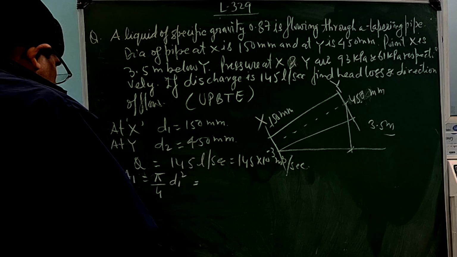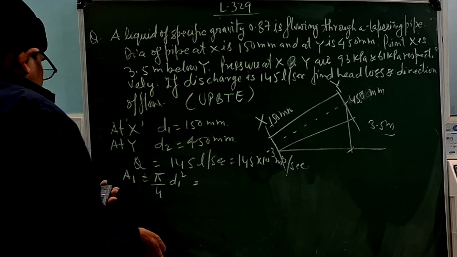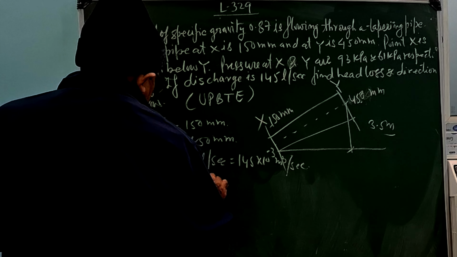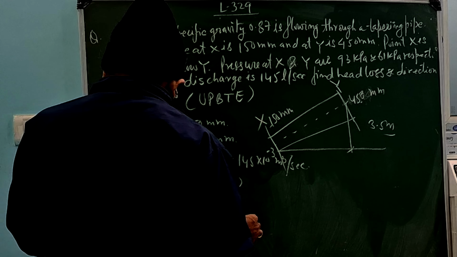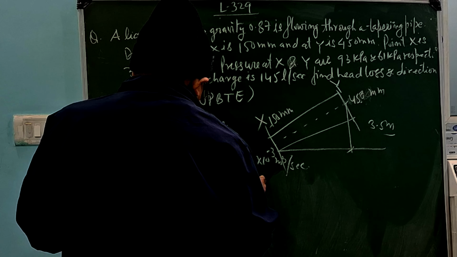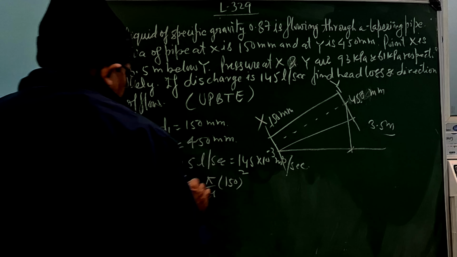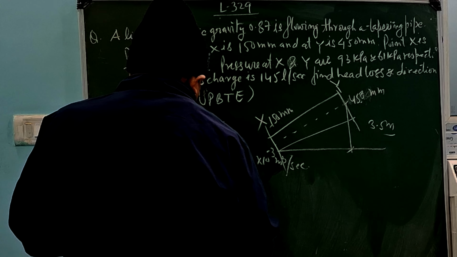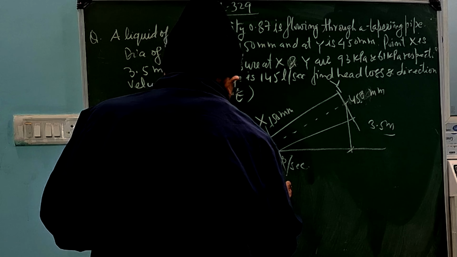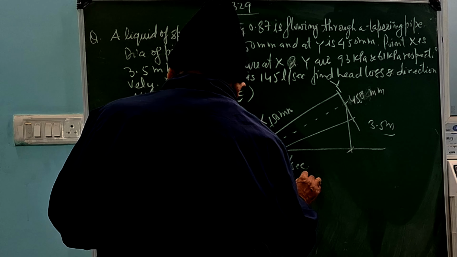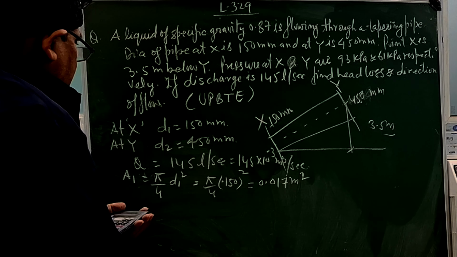D1 is 150 into 150. So better we put it 0.15. So this will be 0.017 meter square. This is 0.017 meter square.